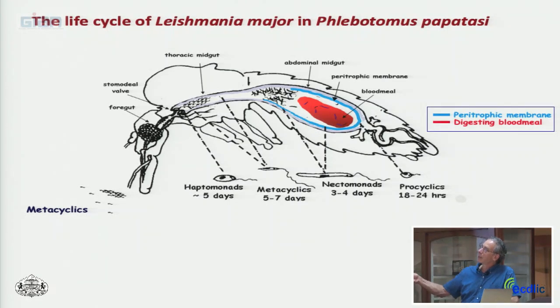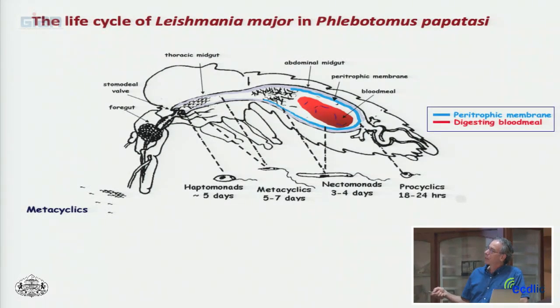It's interesting that there's heavy colonization that we'll observe more closely of the anterior midgut. There's not much colonization of the foregut because of this valve, but there's a huge accumulation of parasites behind this valve that separates the anterior regions of the midgut from the foregut.